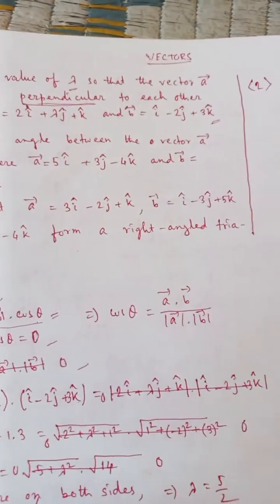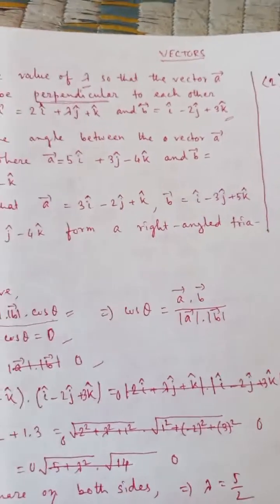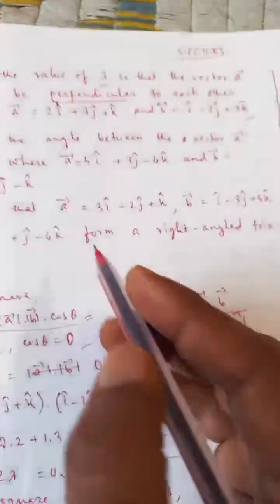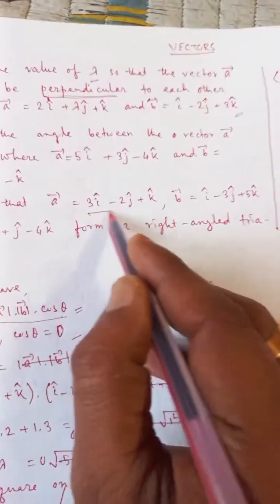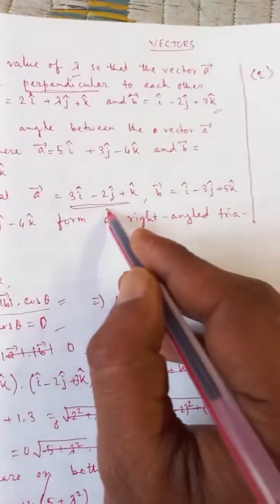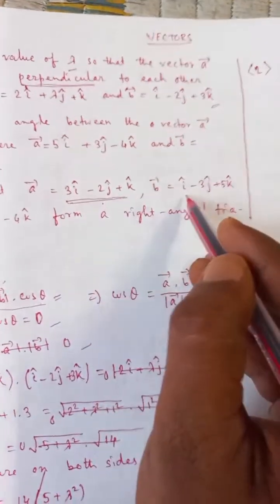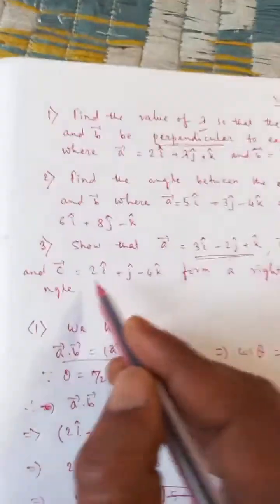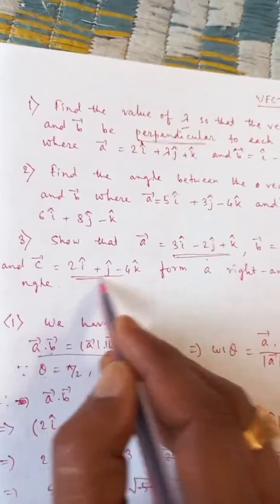We have to show how we can show that three vectors form a right angle. So we take that these are the position vectors of these three vectors. This is the position vector of the A vector, this is the position vector of the B vector, and this is the position vector of C vector.